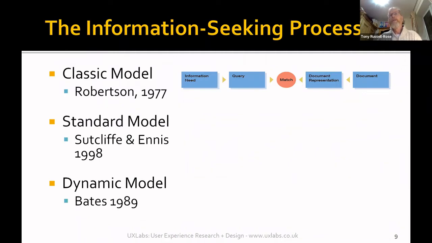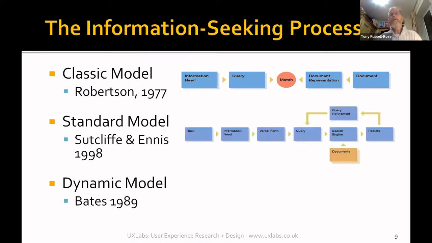But of course, there's no user in this. And that's what we're here really to talk about today, the user-centric way of thinking about search. So let's move on to talk about another model. Here's, I'm not quite sure what it's called, a standard model, but there you go. This one dates from 1998.